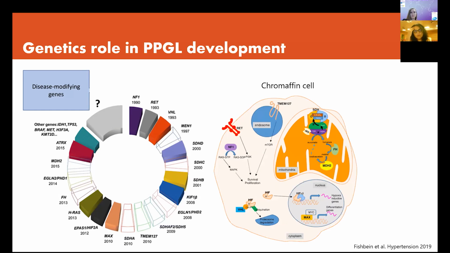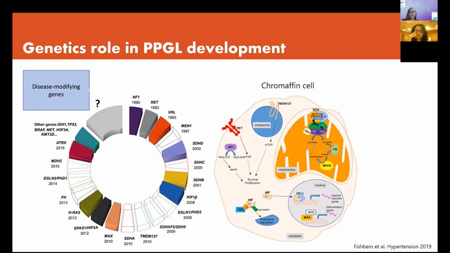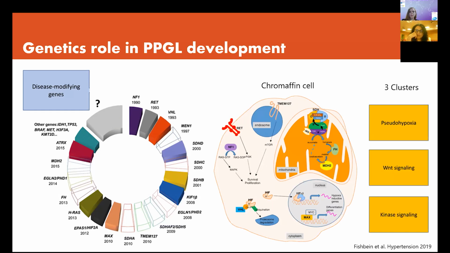When we try to see how those genes are involved in cellular processes, so how those genes actually cause disease, how they cause cancer, here we still have many uncertainties, but we start to try to elucidate and classify those different genes according to different pathways.